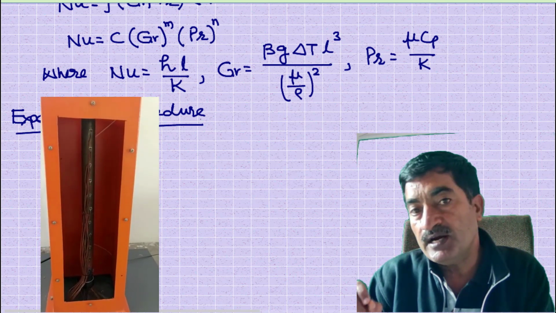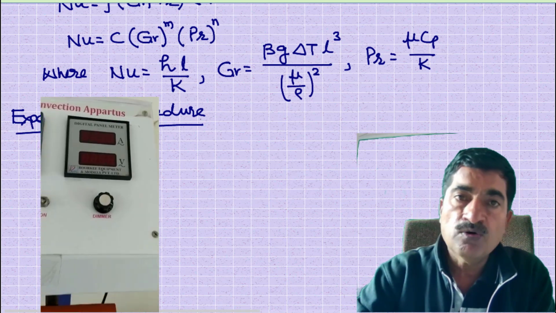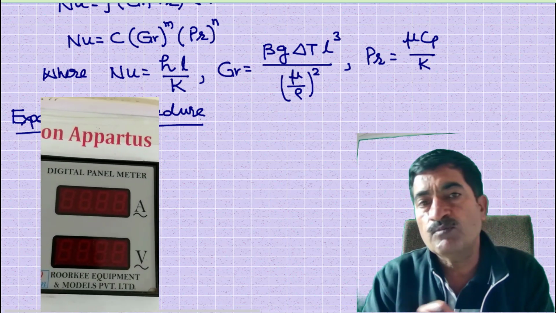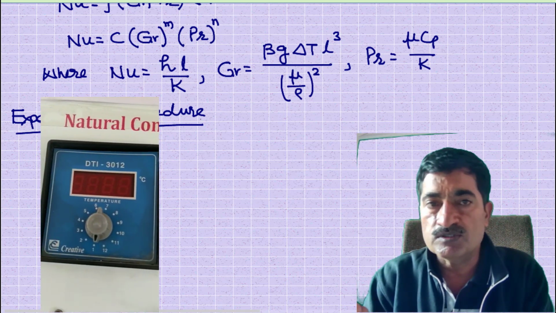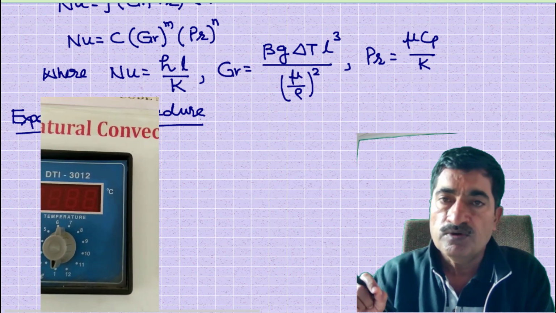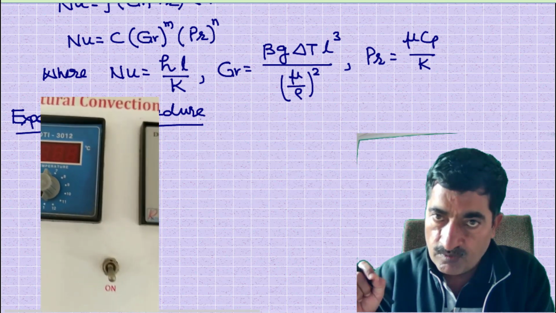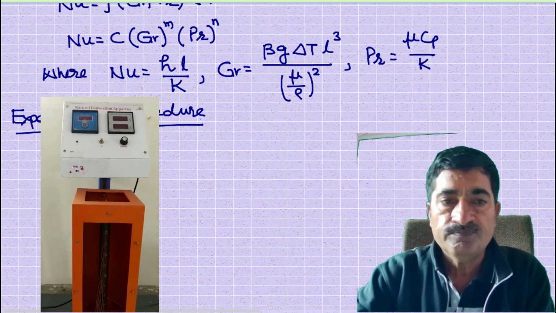Second, wait until the steady state condition is reached. Third, note down the readings of all thermocouples on the surface and on the box through the selector switch, and note the voltmeter and ammeter readings.